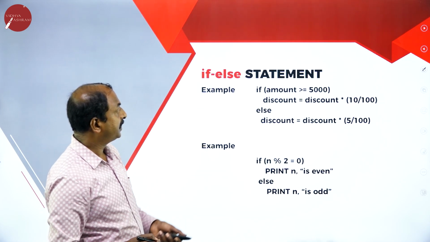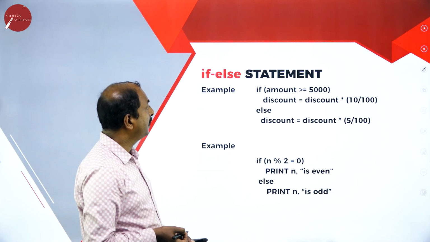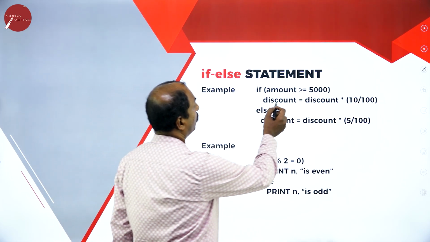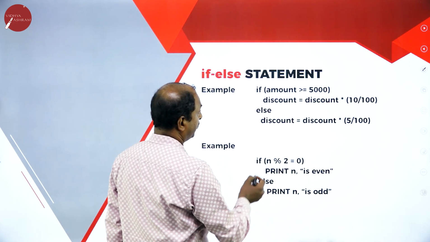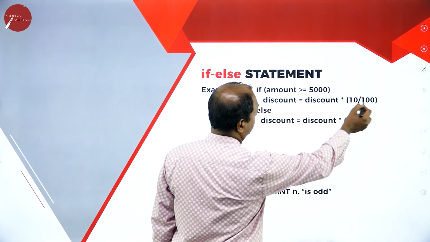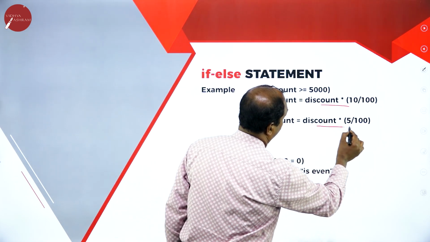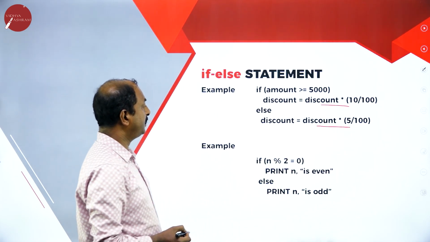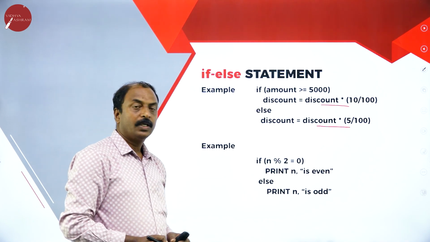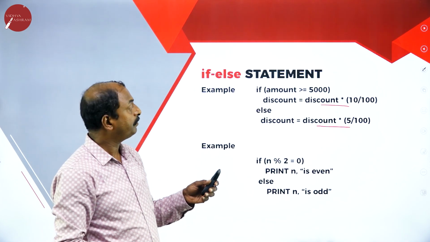Now let us see the syntax or an example for this. Here, if amount is greater than or equal to 5,000, discount is 10%, and else discount is equal to 5%. Please note the difference from the previous example.